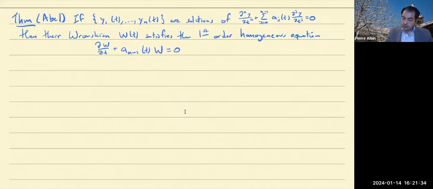Okay, so the first order homogeneous linear equation with coefficient function a_{n-1}, so it's the same coefficient function we had up here.